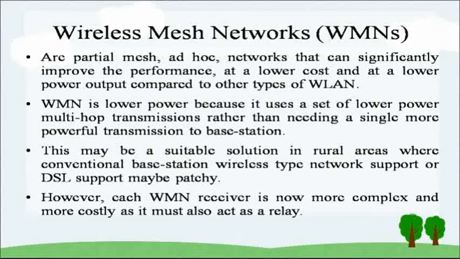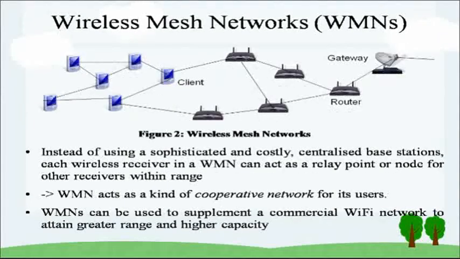Now this may be a suitable solution in rural areas where conventional base station wireless network support or DSL support may not be available. However, each WMN receiver is now more complex and more costly as it must also act as a relay, as we have already seen.